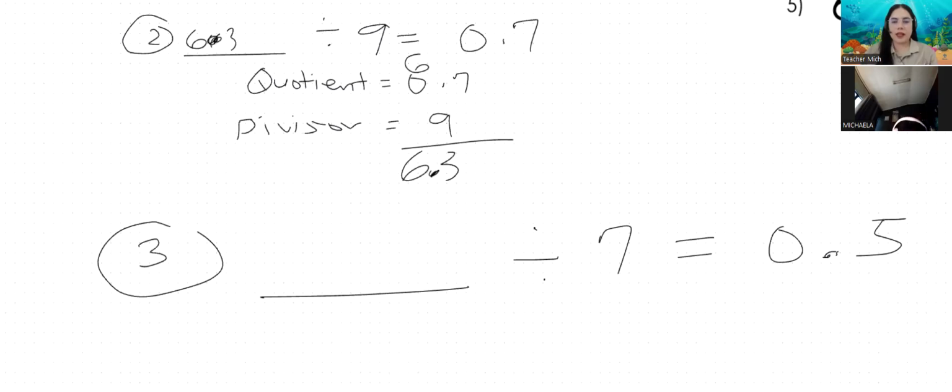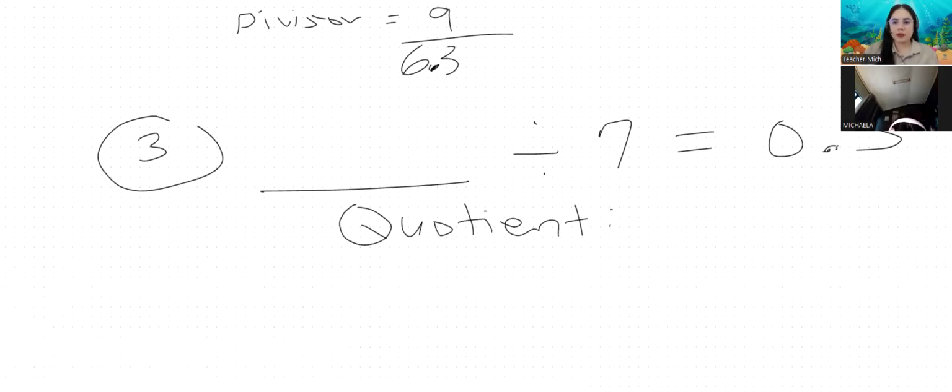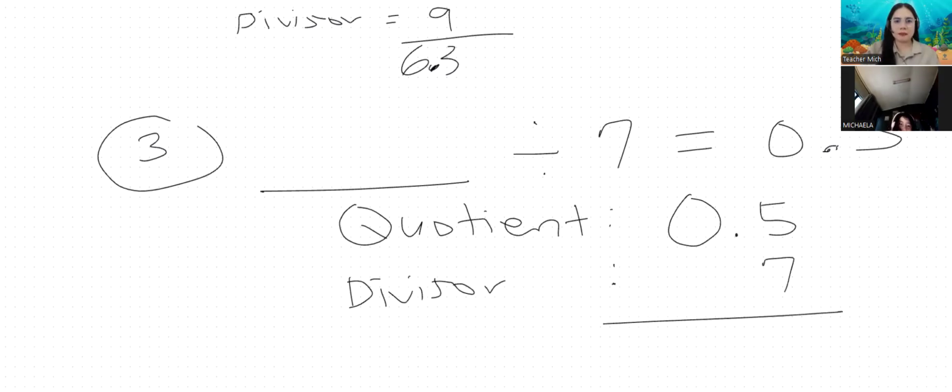Okay, very good. And if the dividend is missing, what is the process that we need to follow? Multiplication. Okay, very good. We need to multiply the quotient, which is equal to 0.5, by the divisor, which is equal to 7. Can you please multiply them?